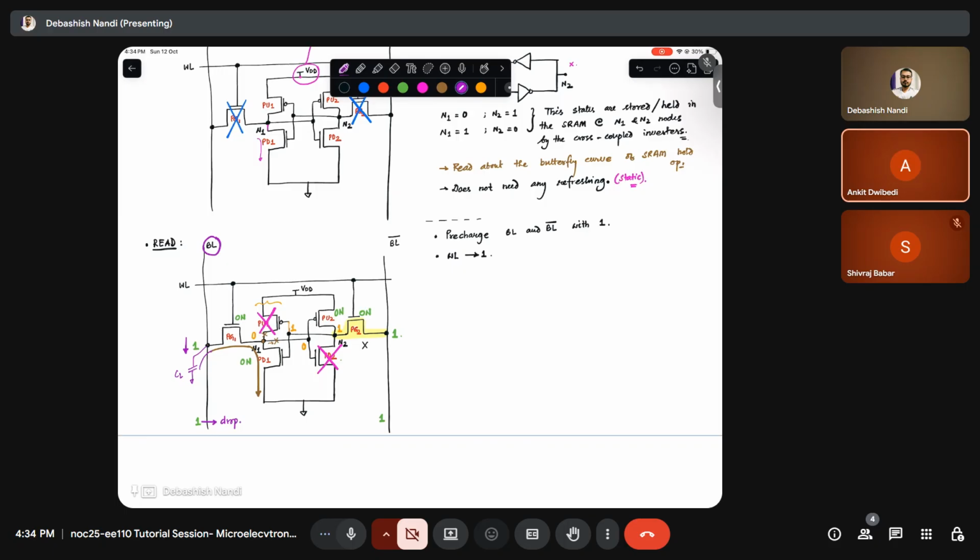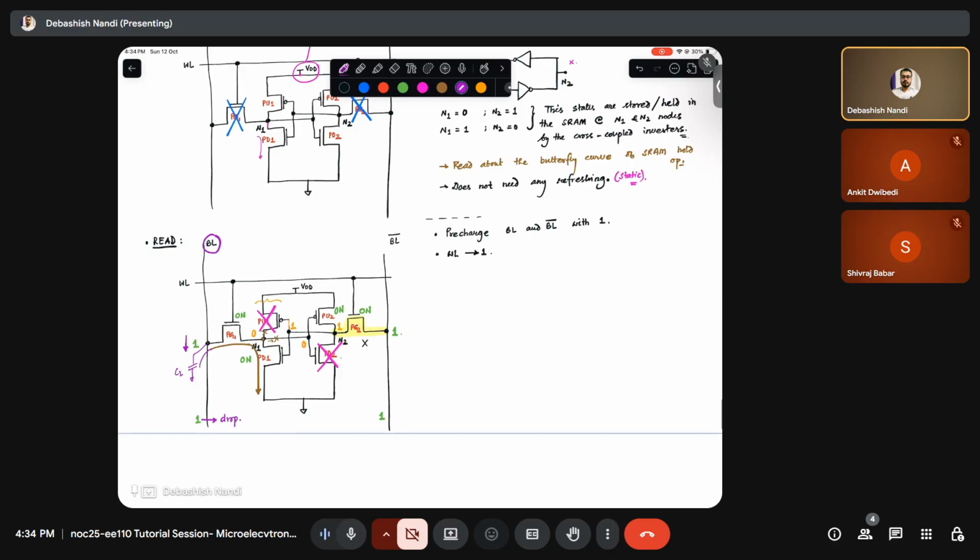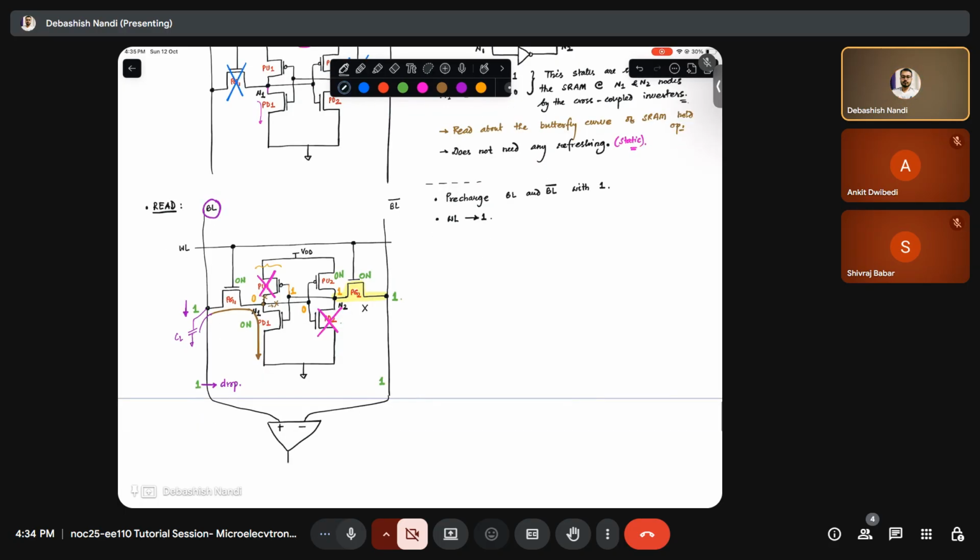So if the potential is dropped from 1, what do you do next? You connect a sense amplifier, or for example, let's say an op-amp. Let's say this is plus, this is minus. You sense the output.